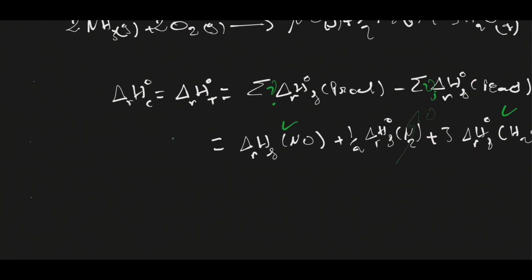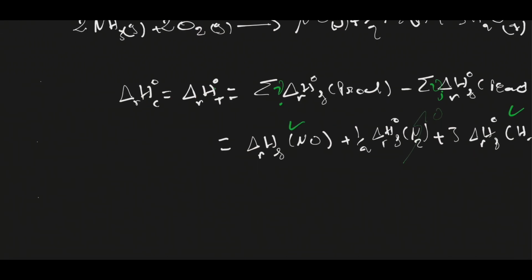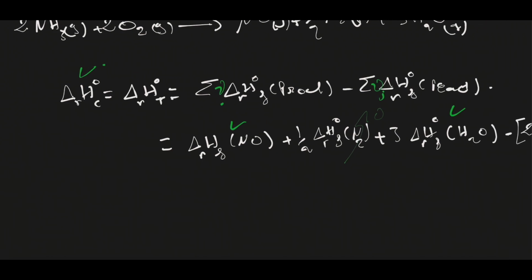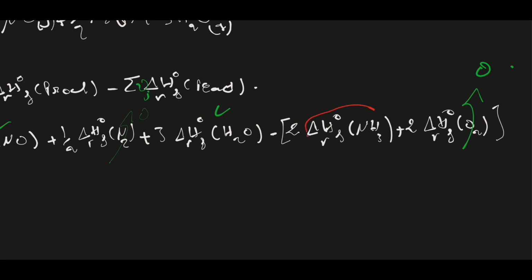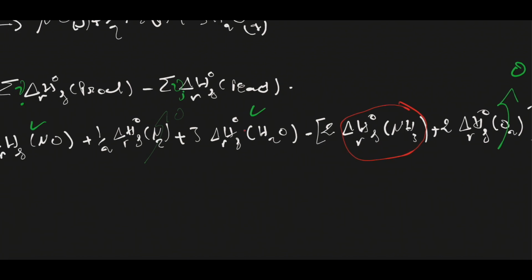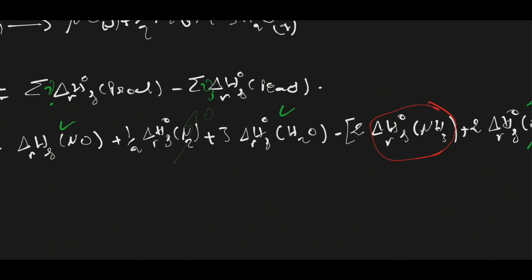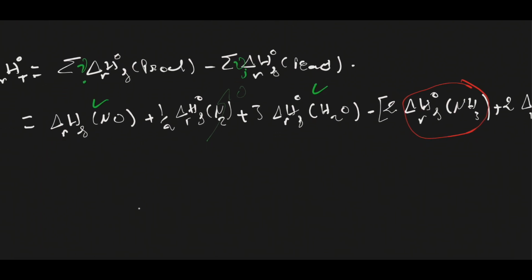And the same thing for the standard enthalpy of this reaction or of this combustion. It is also given. The only unknown value is the standard enthalpy of formation of NH3. So we can obtain the value of this standard enthalpy of formation from this equation.